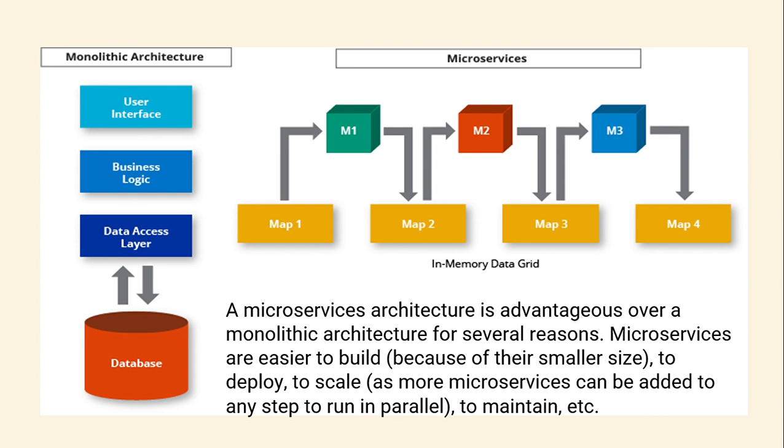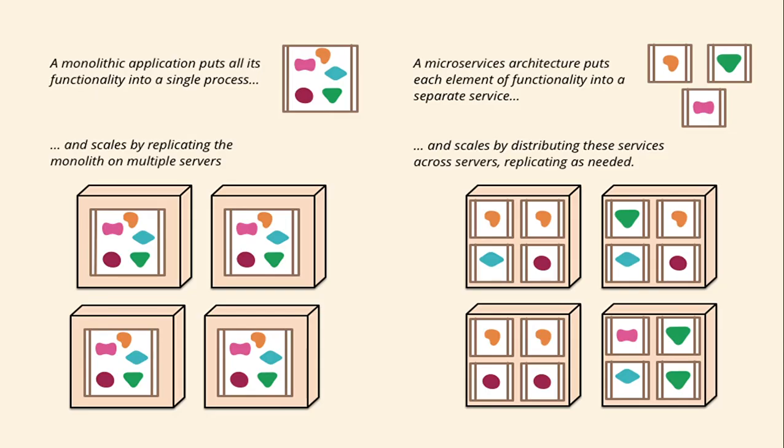A microservice architecture is advantageous over a monolithic architecture for several reasons. Microservices are easy to build because of their smaller size. It is easy to deploy and to scale, as a microservice can be added to any setup to run in parallel, to maintain, etc. In this diagram, you can see a monolithic application puts all its functionality into a single process, and when you need to scale, you have to replicate all the components together.